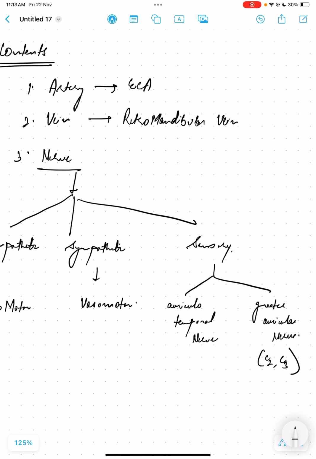Nerve supply is from parasympathetic, sympathetic and the sensory root. Parasympathetic is secretomotor, sympathetic is vasomotor, and sensory involves the auriculotemporal nerve and the greater auricular nerve.